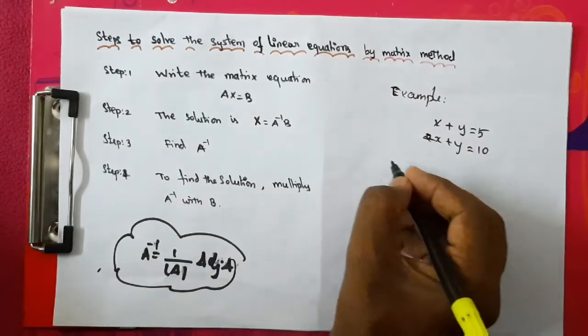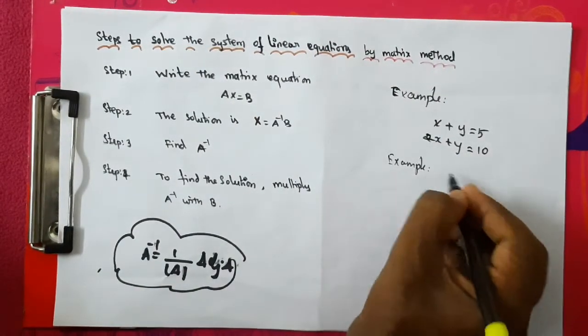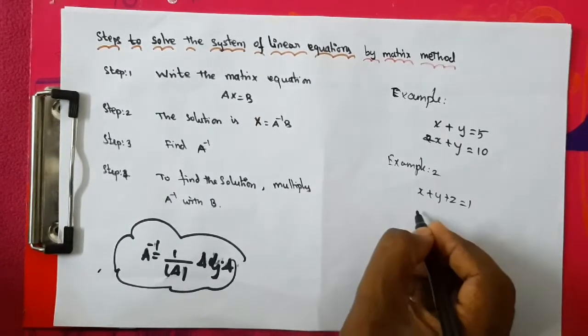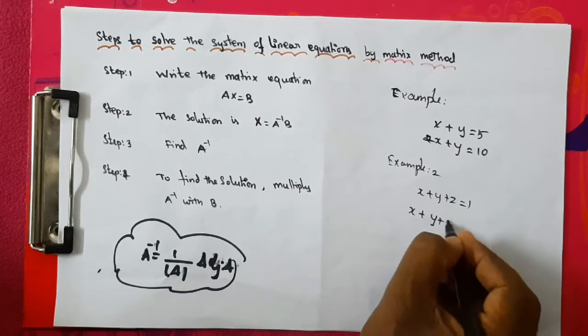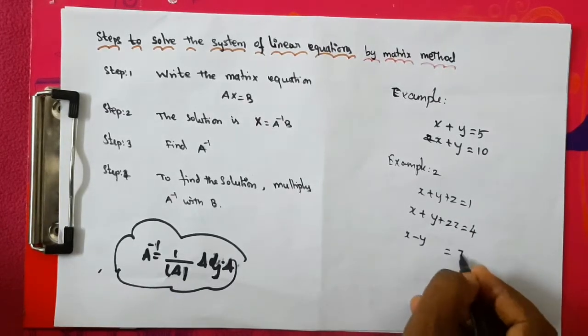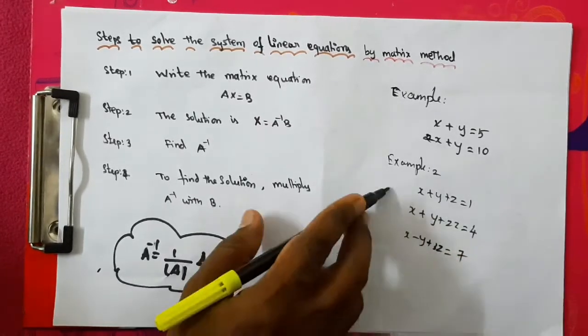Another type is also there: linear equations in 3 variables, and they will be like this: x + y + z = 1, x + y + 2z = 4, and x - y = 7. Here also I have given 3 equations.